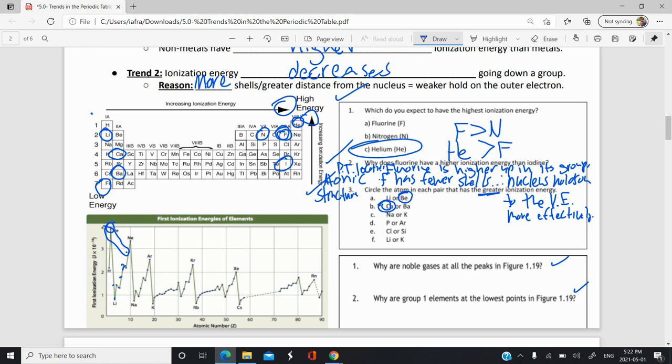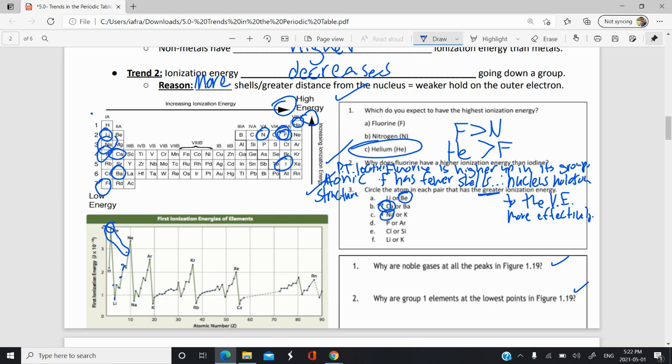So barium has more shells, and so the protons aren't holding onto the electrons as tightly because the outer electrons are farther away. And so you don't need as much energy to remove those outer electrons. Between sodium and potassium, well, potassium is lower down, so it has a lower ionization energy.